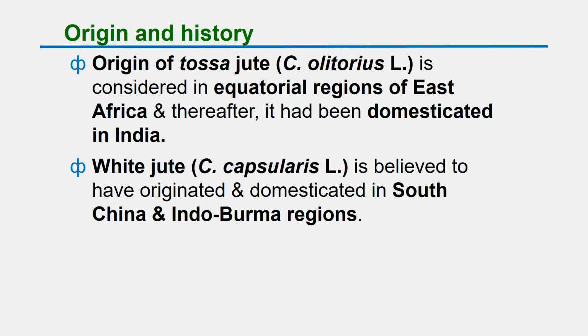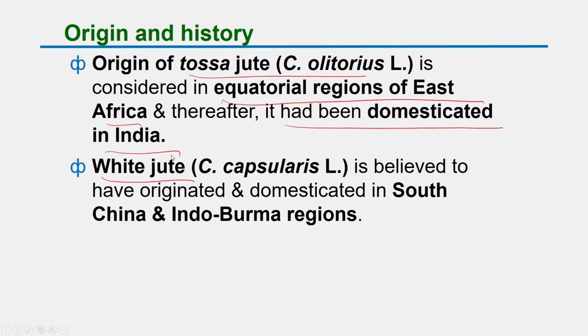So far as the origin of Tossa jute is concerned, students can remember Tossa jute is Corchorus olitorius L, and the other jute is white jute, which is Corchorus capsularis L. The origin of Tossa jute is considered to be the equatorial region of East Africa, and thereafter it was domesticated in India.